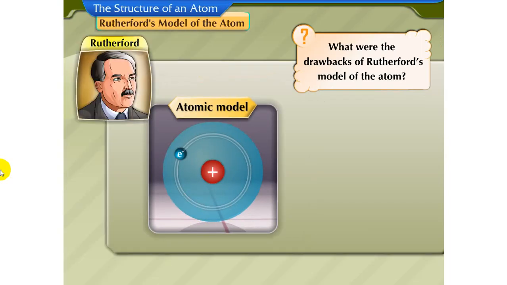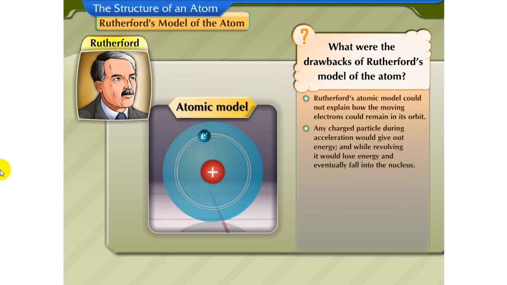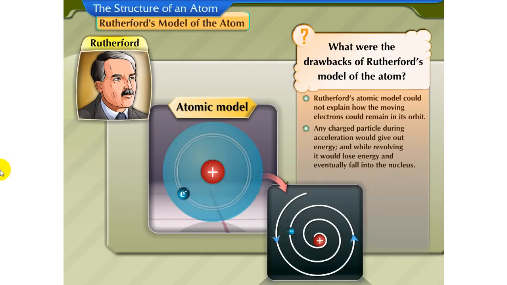What were the drawbacks of Rutherford's model of the atom? Rutherford's atomic model could not explain how the moving electrons could remain in their orbit. Any charged particle during acceleration would give out energy, and while revolving, it would lose energy and eventually fall into the nucleus.